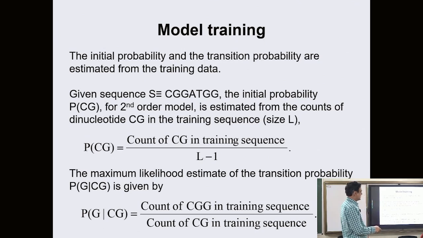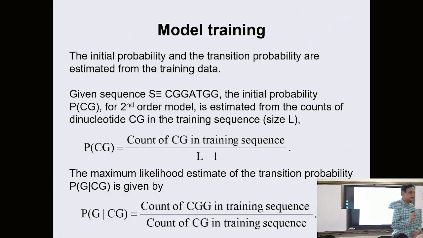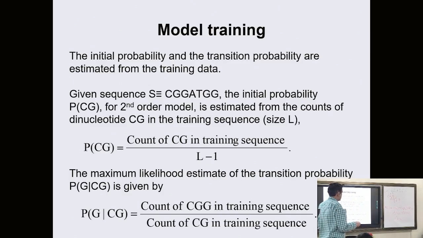You need the values of the probability of CG, the initial probability, and the values of the transition probabilities: from CG to G, from GG to A, from GA to T, and so on.